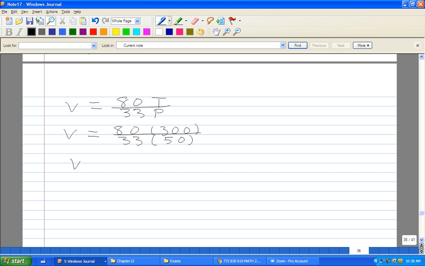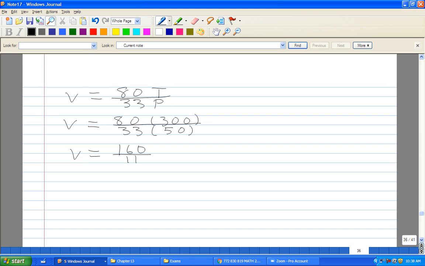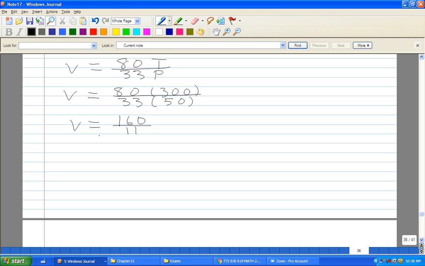And so this is equal to 160 over 11. And so the volume is 14 and 6 over 11 cubic feet.